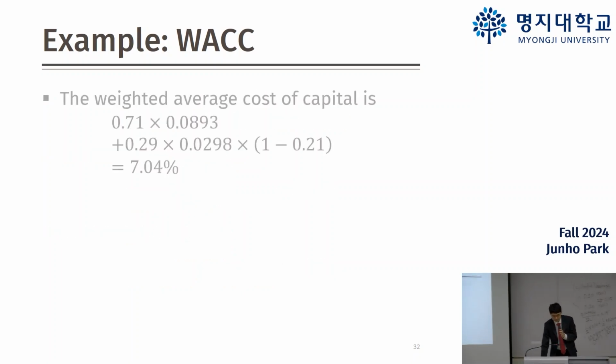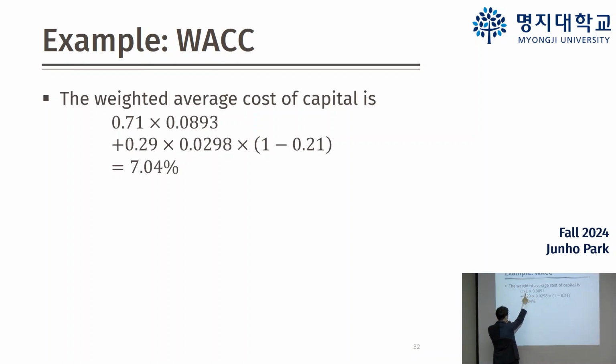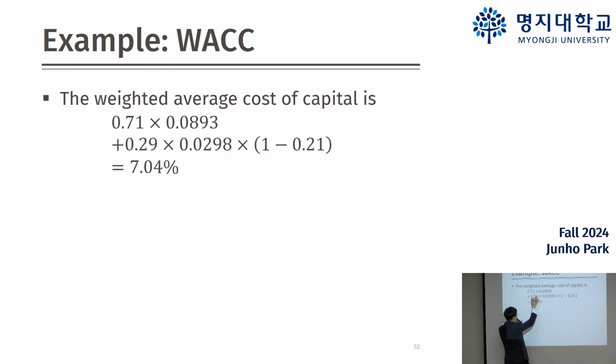And therefore, our last calculation should be this one. 71% of equity, and the cost of equity we are going to use is 8.9 something, and 29% of that, and the yield to maturity was 2.98, and we have a tax shield effect. So therefore, we have a 1 minus 21%, which comes from the fact that the tax rate is 21%.